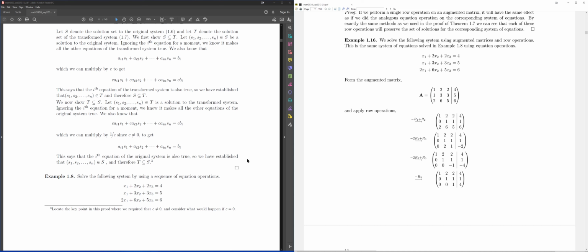When I do that, I get a 0 here, a 1 here, 1 here, and a 1 here. It's -1 times this added to this, with the idea being that you want to eliminate this x1.